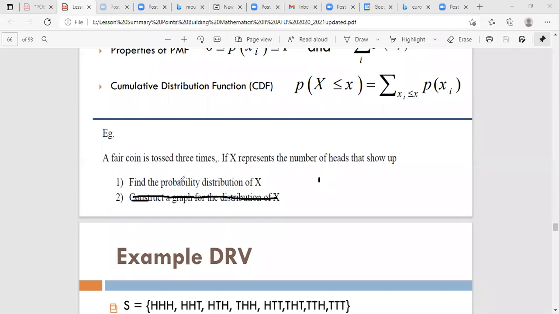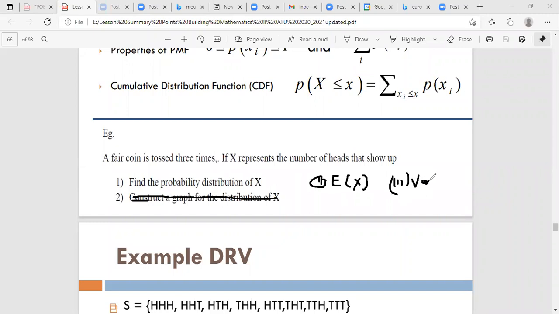You first have to find a probability distribution. Then the second question will be to find the expectation of X, and also find the variance of X in this example.